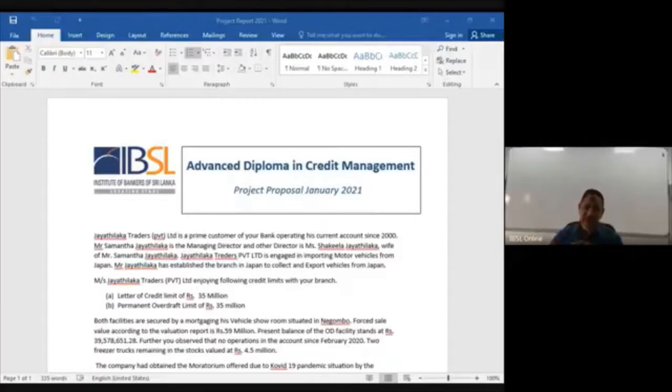Then you can find information on statistics from the Census and Statistics Department. They also have information on their website. So visit these websites to find the facts and information which you are going to produce to the management, to give the background, whether the industry is sustainable, can go ahead or not.